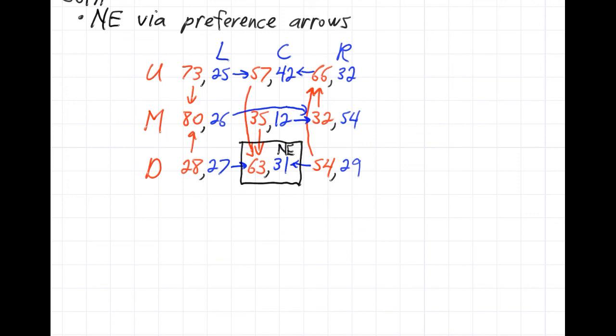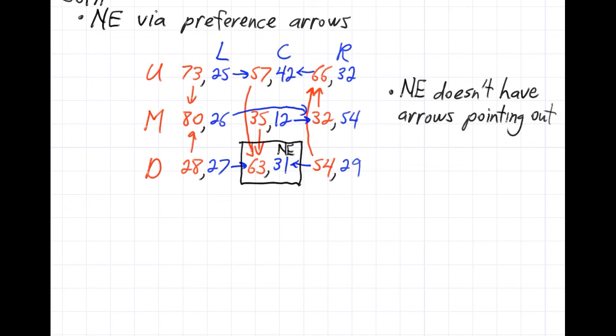And if we look at our last box, then we see there are arrows pointing out of this box. So in this case, there's only one Nash equilibrium. And the technique we used was to notice that the Nash equilibrium doesn't have arrows pointing out.